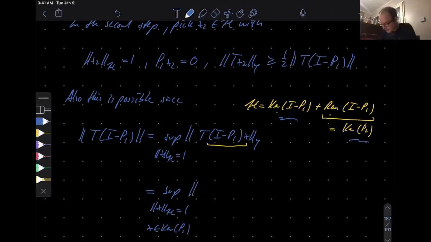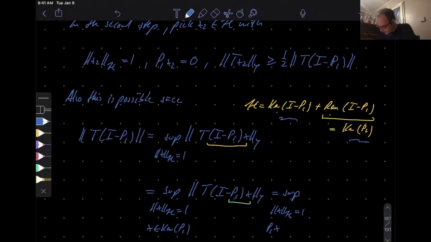This is exactly the same thing because of what I wrote up there in yellow. Now if x is in the kernel of P1, then of course this piece here is equal to 0. So this is just a supremum over that boundary.